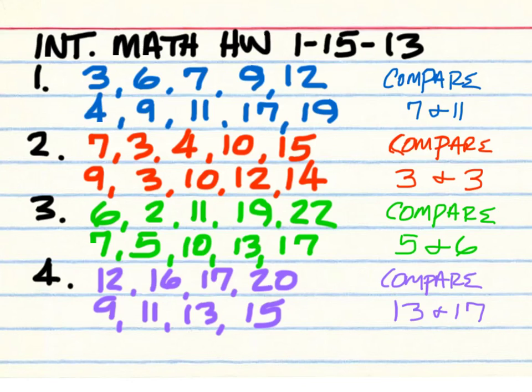That means we need to change this down here for number 3. It should be 6 first and then 5. Number 2 is okay, number 1 is okay, and number 4 would have to be written in reverse. It should be 17 and then 13.